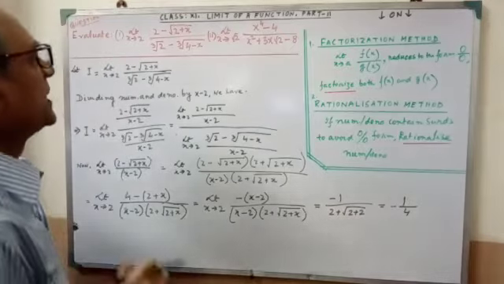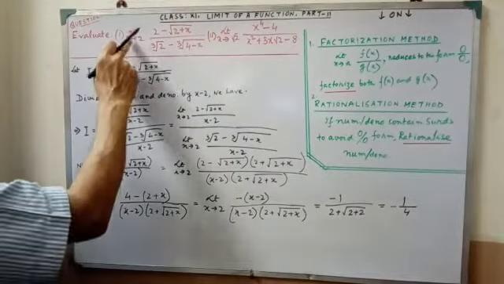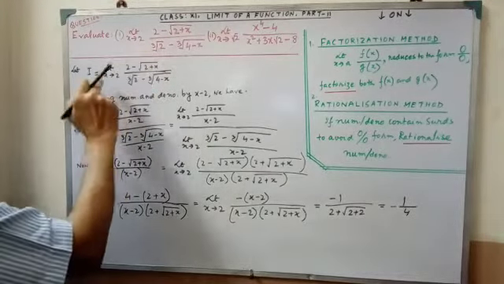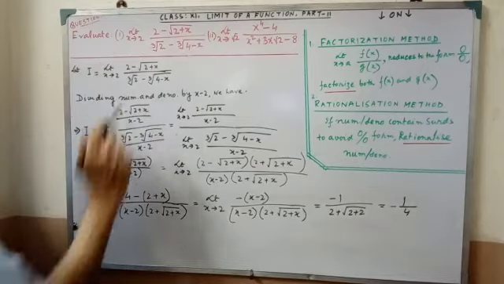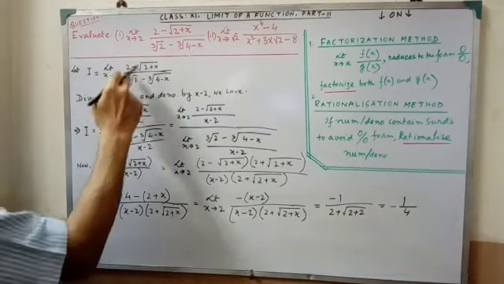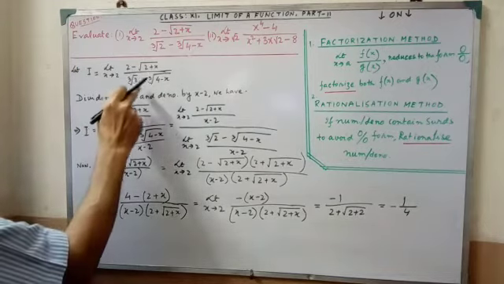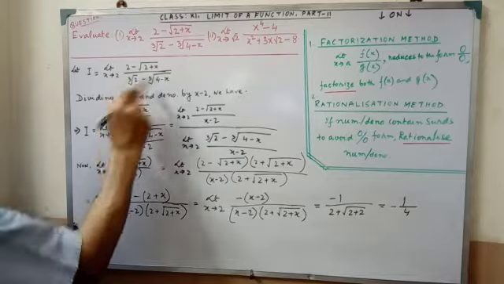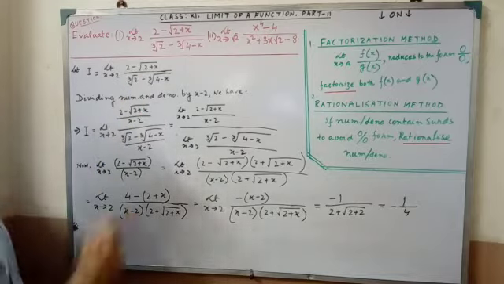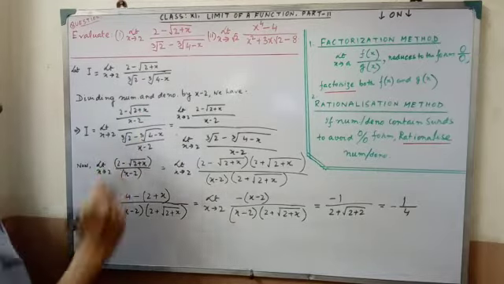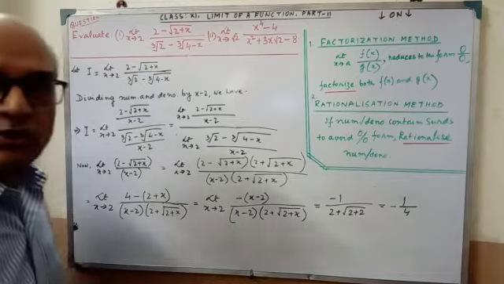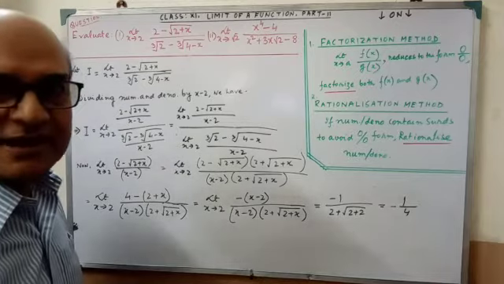Now see, let this sum, let I equal to this. By looking at this, cube root is given. If you rationalize numerator and denominator, cube root will not be rationalized.